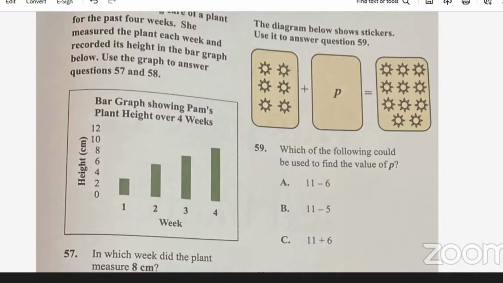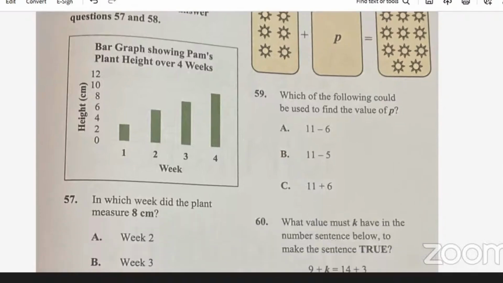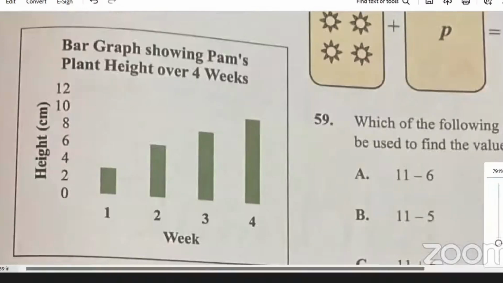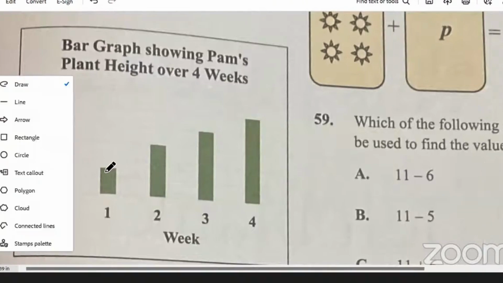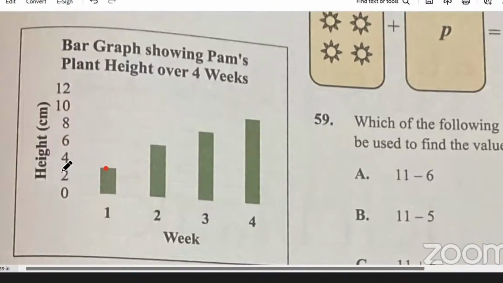So question 57 says, in which week did the plant measure 8 centimeters? Let's make it a bit bigger so we can see which matches to 8 centimeters. Here, somewhere in the middle, around 3.